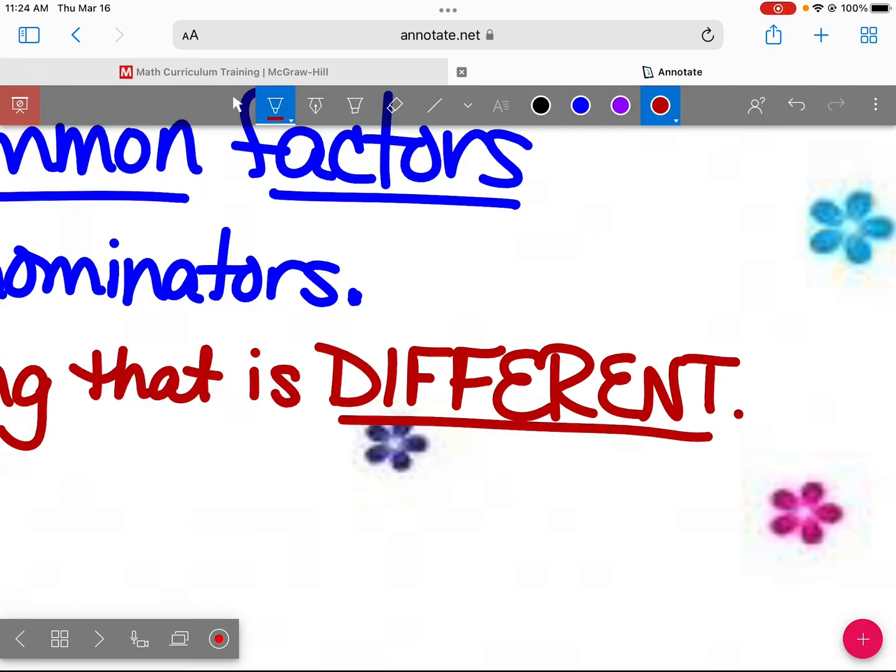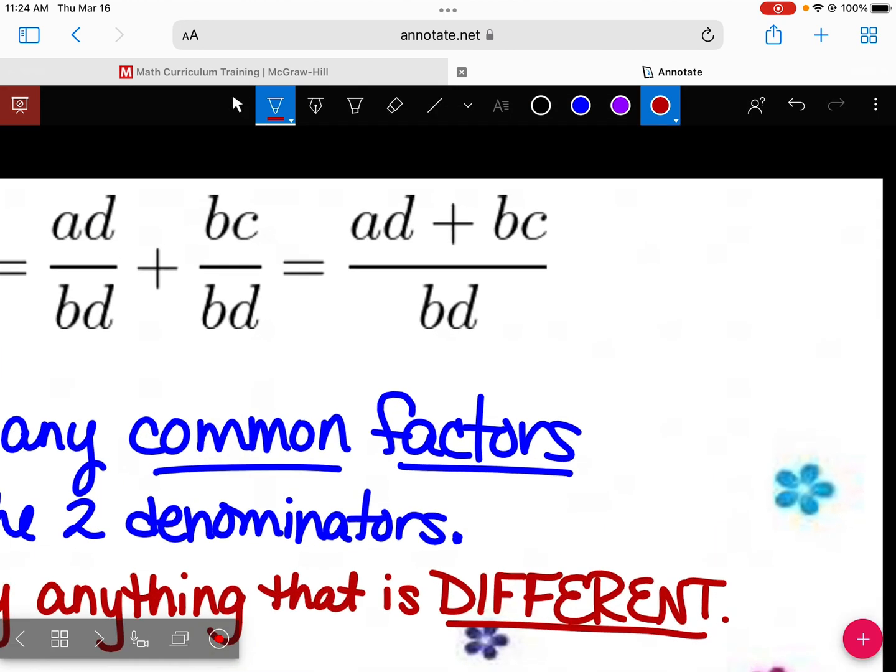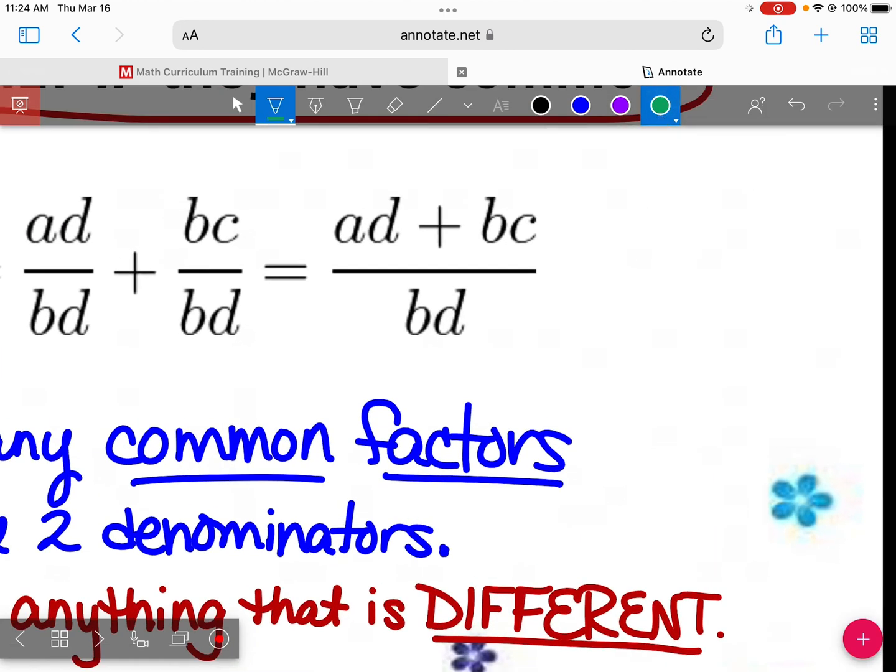You're going to multiply by anything that's different.